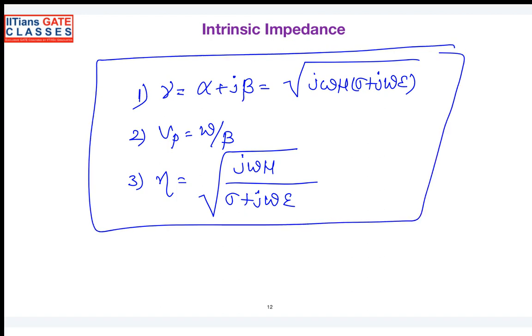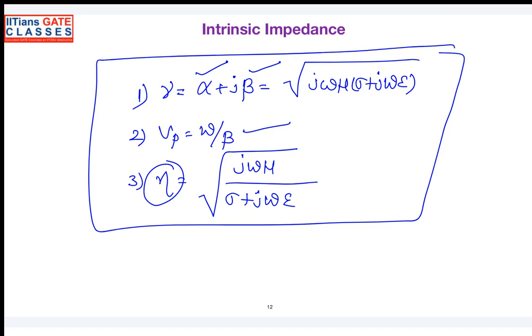So these three are the parameters for analyzing the wave. When the wave is traveling in any medium, you want to find out what the attenuation is, and the next thing, the velocity of the wave, and the next thing, what will be the impedance of this wave. So this will completely characterize whatever you want to analyze related to electromagnetic wave propagation.